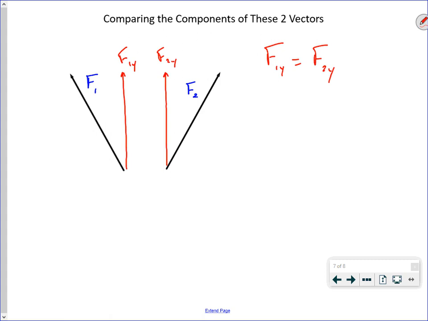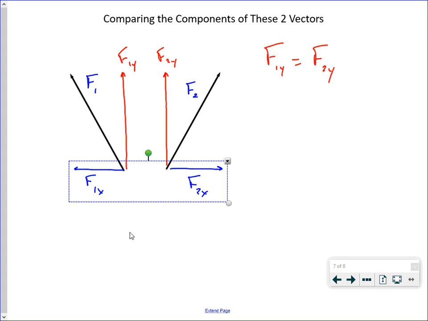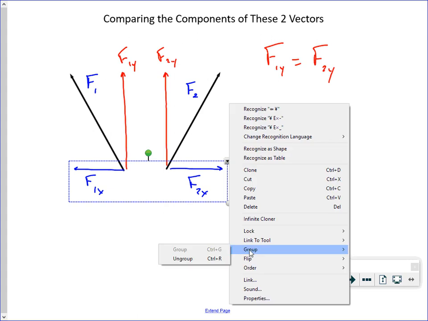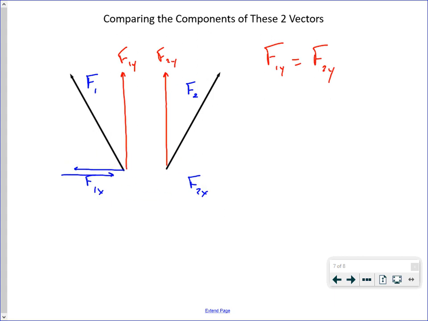Sure, it makes sense, right? They both point up the same amount. Here is F1x, and here is F2x. And those are not the same vector. They are alike in that this vector and that vector are the same size, which is to say they have the same magnitude, but they point in opposite directions.